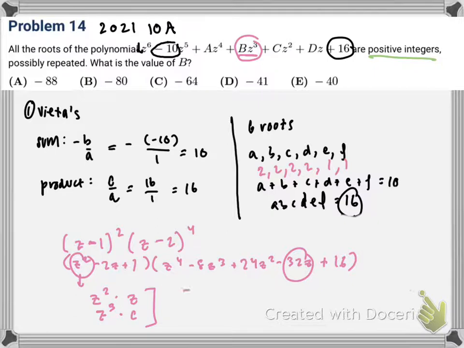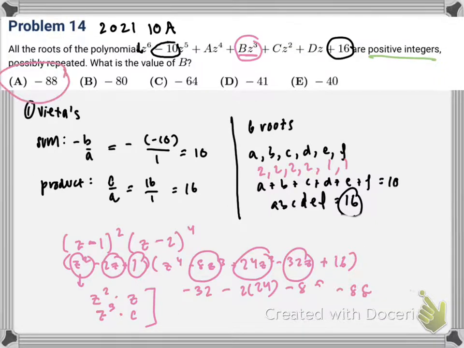The coefficient is going to be negative 32. Then a z term times a z squared term, so negative 2 times 24. And then a constant term times a z cubed term, so negative 8. That gives me negative 88, which sure enough is option A.